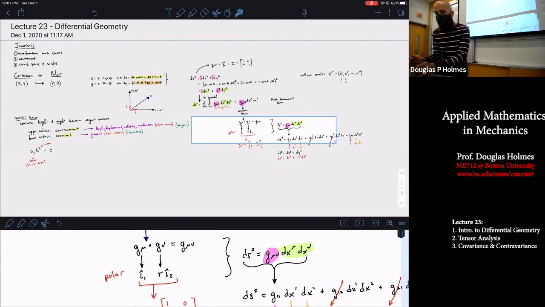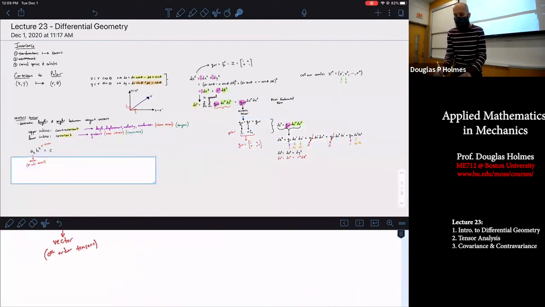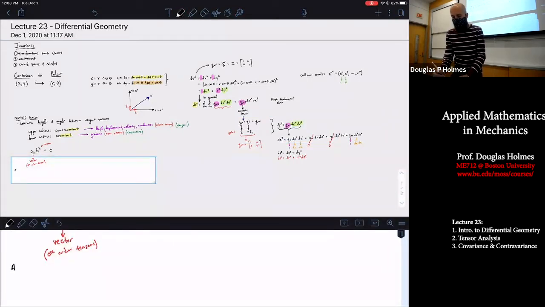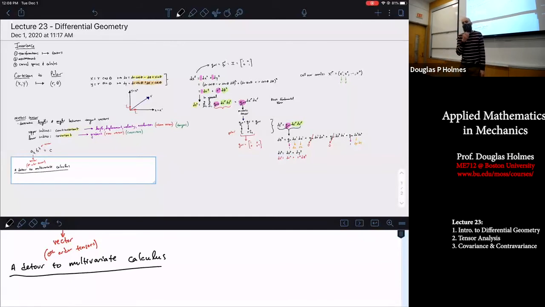Some of this has popped up in the past for you, and you probably learned about it in a different way. But for instance, let's think back to multivariate calculus and say I would like to do a volume integral.